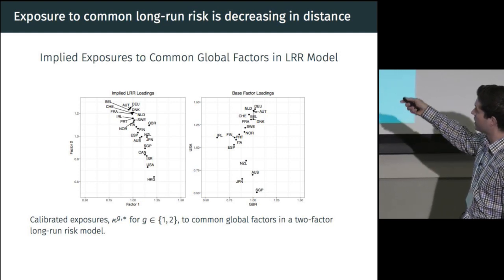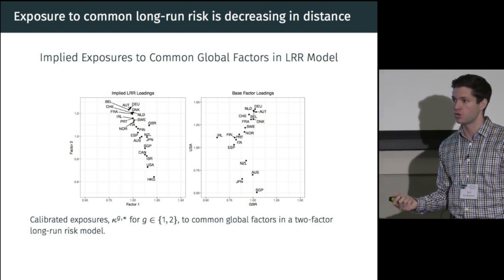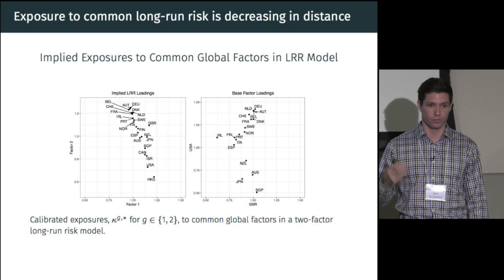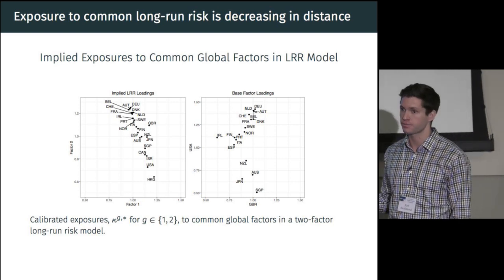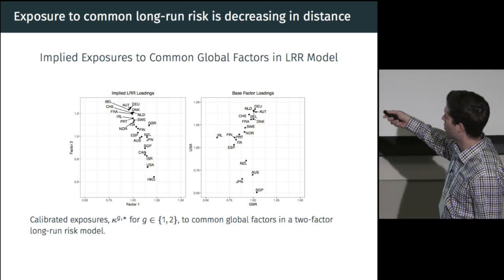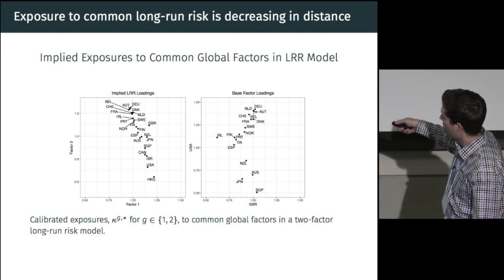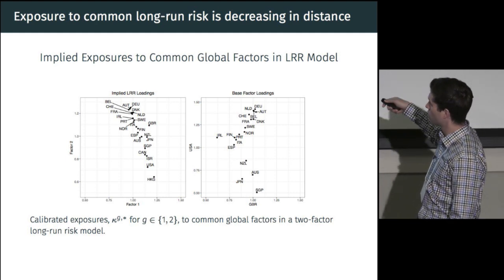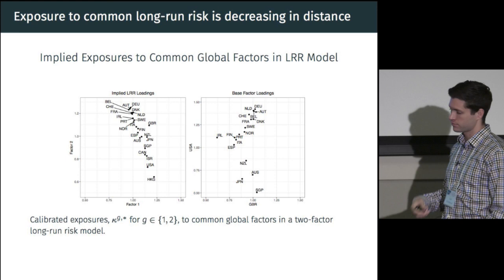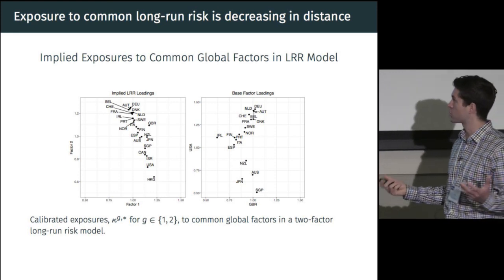So on the left side here, we have the implied exposures to these common global persistent shocks to consumption growth. We're doing this in the two-factor model. On the x-axis, we've got the exposures to factor 1, on the y-axis to factor 2. One was North America, one was Europe. That was just for labeling.